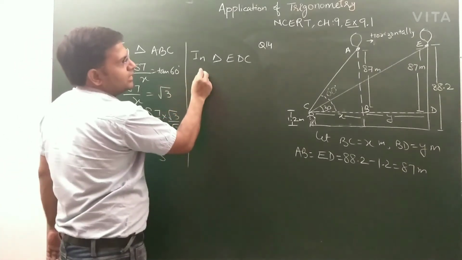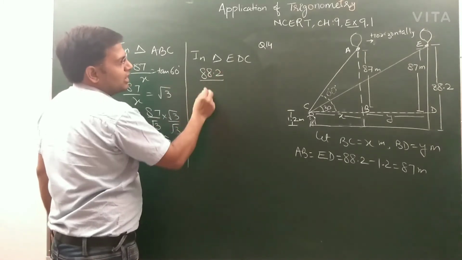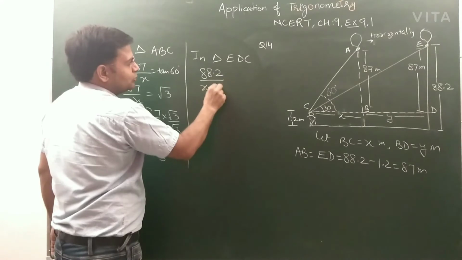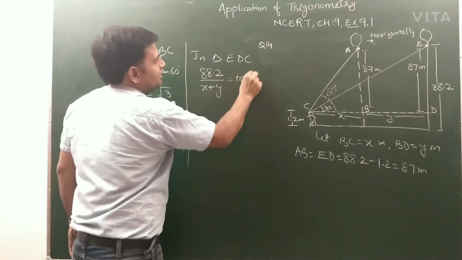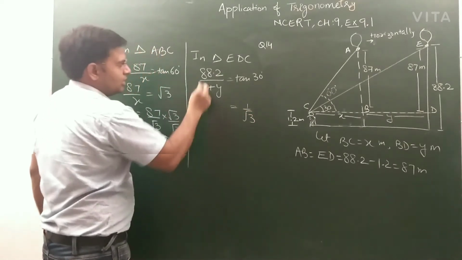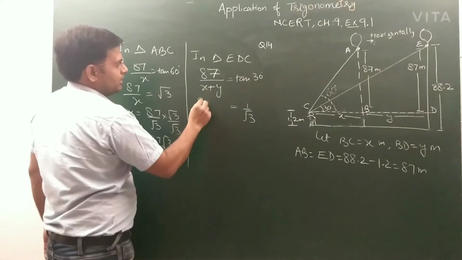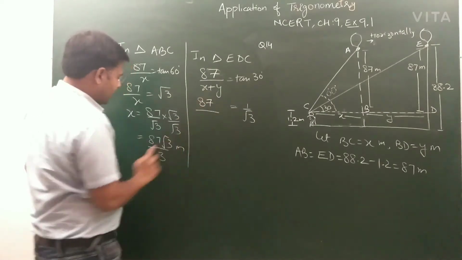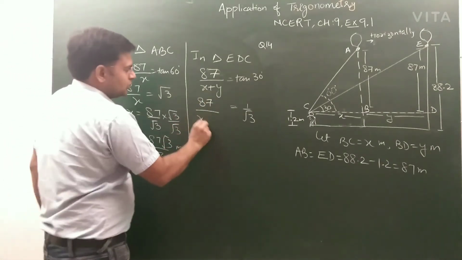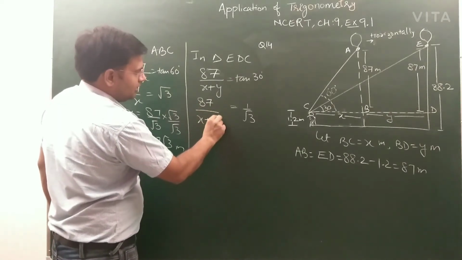You take this triangle now, where 88.2 is the perpendicular and the base is x plus y, and this angle is going to be 30 degrees. So tan 30 is 1 upon root 3, and this is 87 upon x plus y.